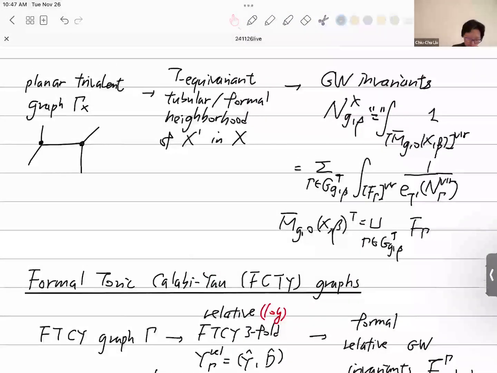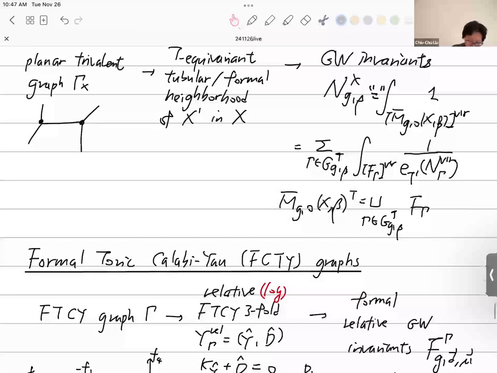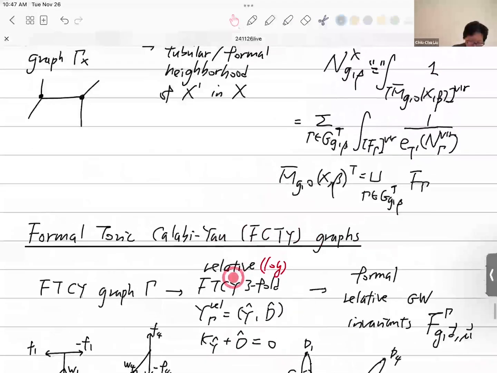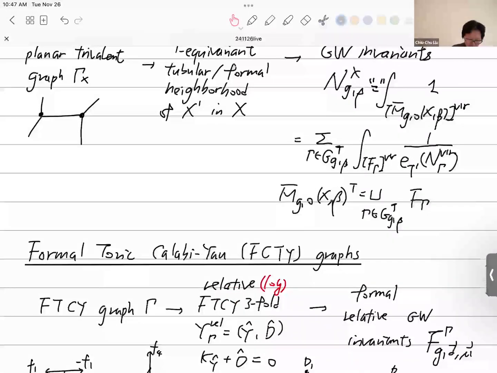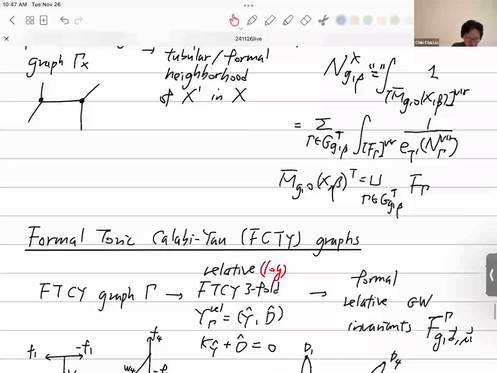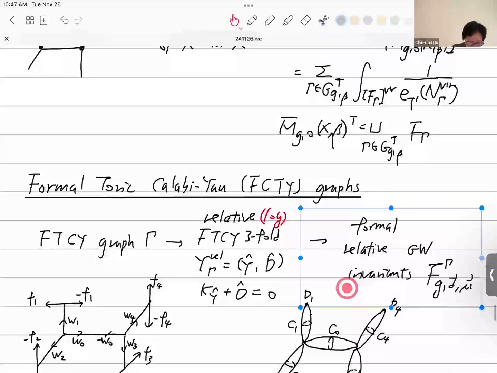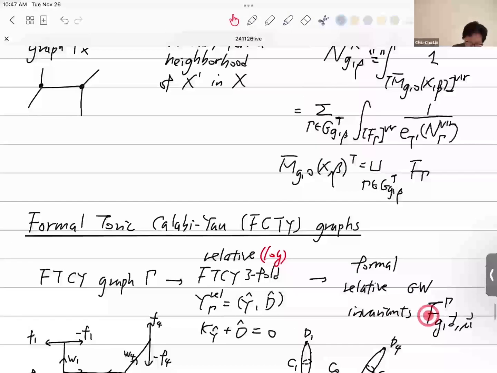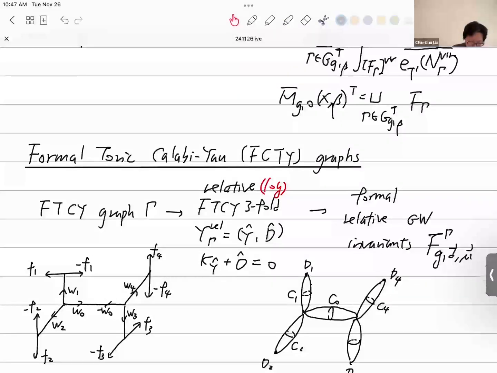So now what are the formal toric Calabi-Yau graphs? Our theory is a generalization. We define a formal toric Calabi-Yau graph as a generalization of this. If we start with this graph, the first thing is, for each non-compact edge, we make it compact by replacing the end by a univalent vertex.